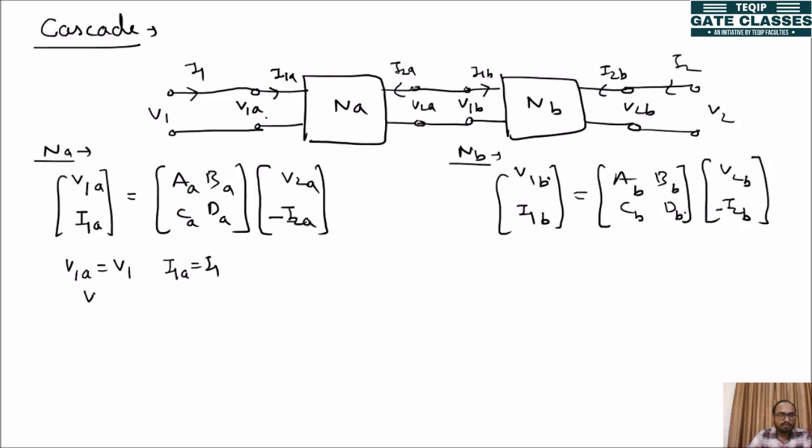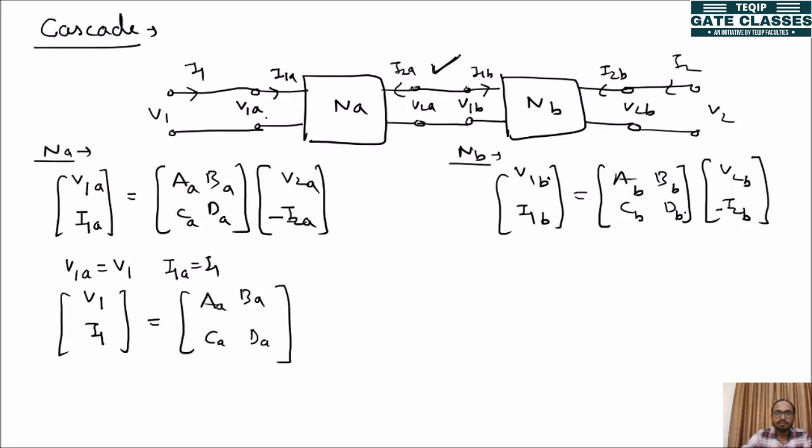So we can write V1, I1 is equal to AA, BA, CA, DA times V2A, minus I2A. V2A is equal to V1B, and minus I2A is equal to I1B. You can see here from this portion of the network, V2A is equal to V1B, and minus I2A is equal to I1B.